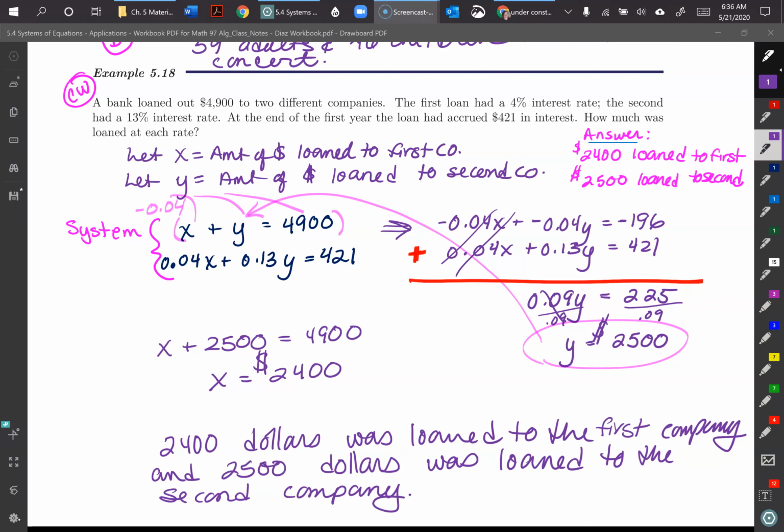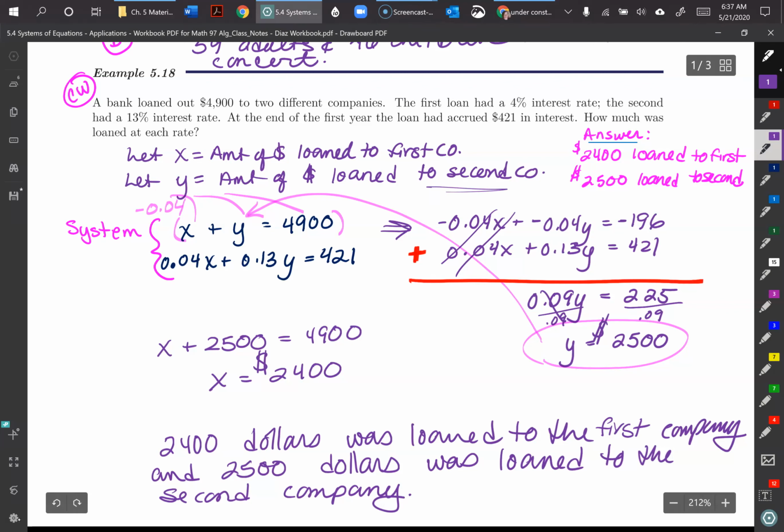So just be careful, because I found y first, sometimes people might just pop that in as the first company's amount, but it's not, because y represents the amount loaned to the second company.